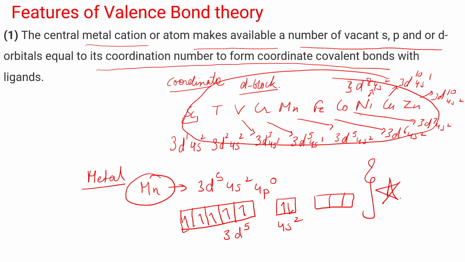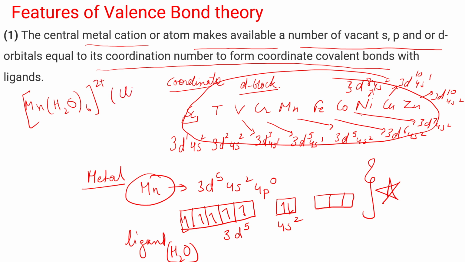So if a ligand like H2O is binding, let's suppose we are trying to form manganese hexaaqua perchlorate coordination compound. For this, how will you write the electronic configuration?